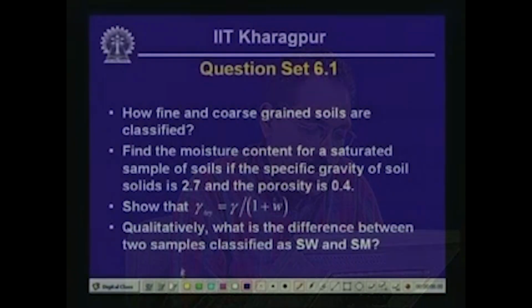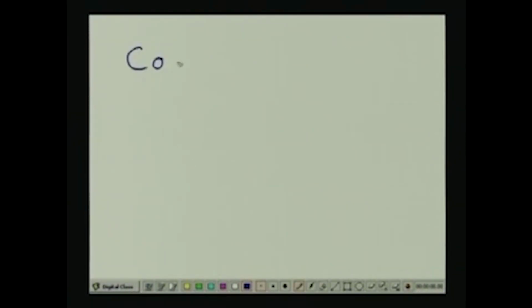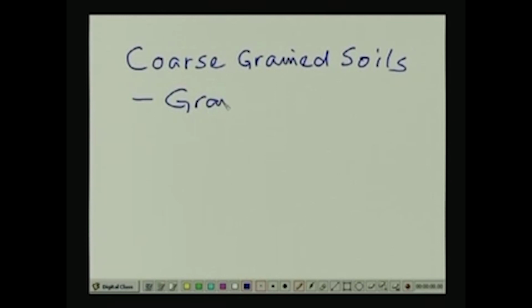So for coarse grained soils we can have gravels, and these types of soils have several different classes like well graded gravel, poorly graded gravel, silty gravel or clayey gravel. Then you have sand.